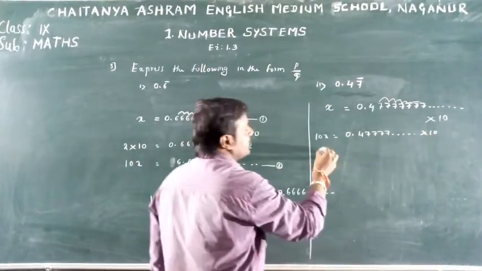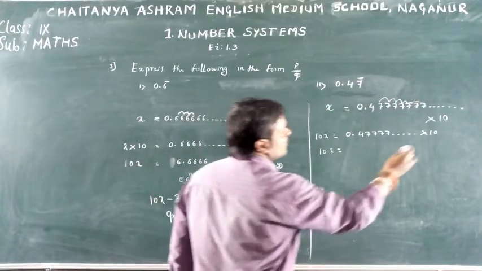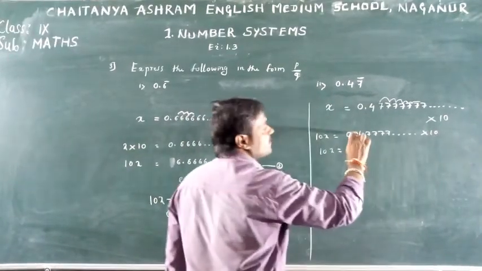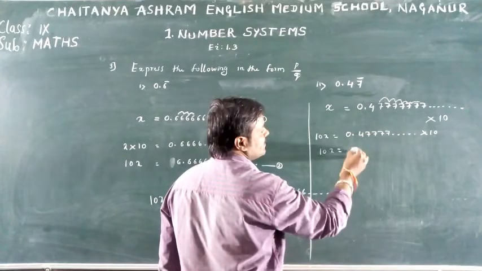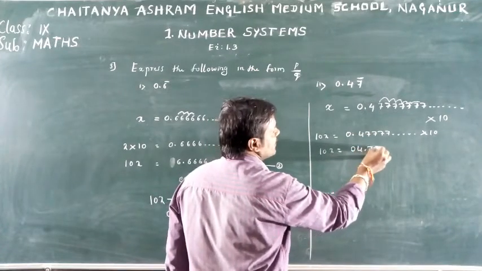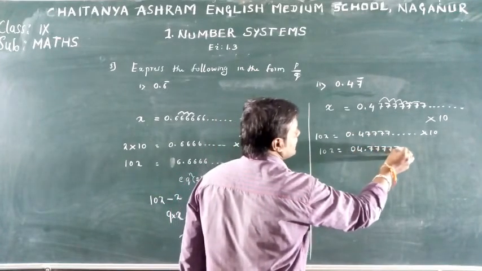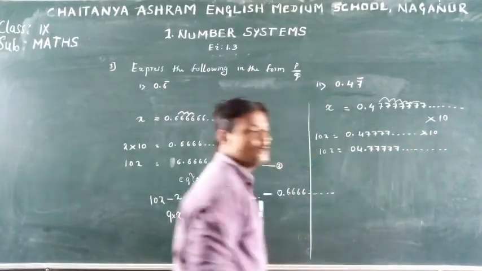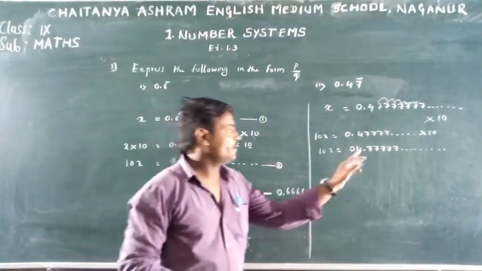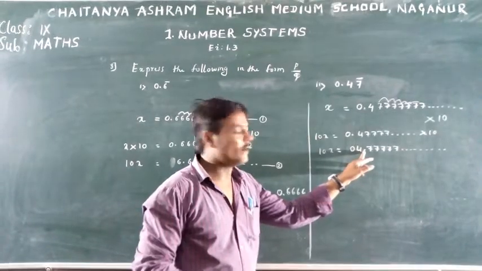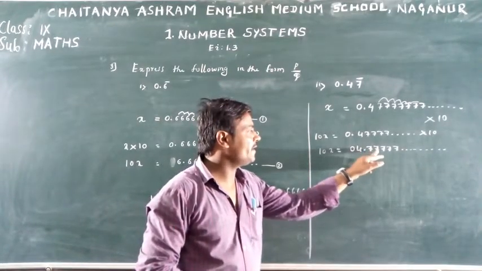See what happens. 10x equals, shifting the decimal one place right, 4.77777, and so on. Now observe the decimal point is in front of the repeating digit.